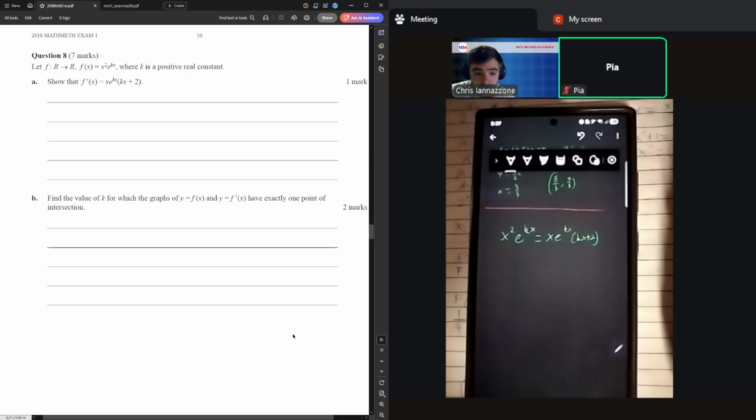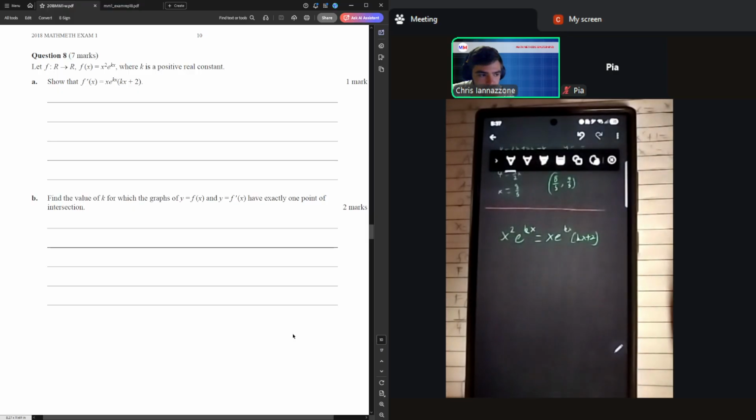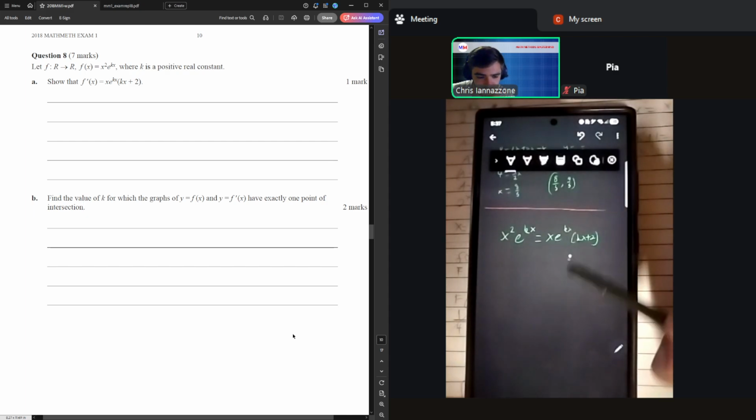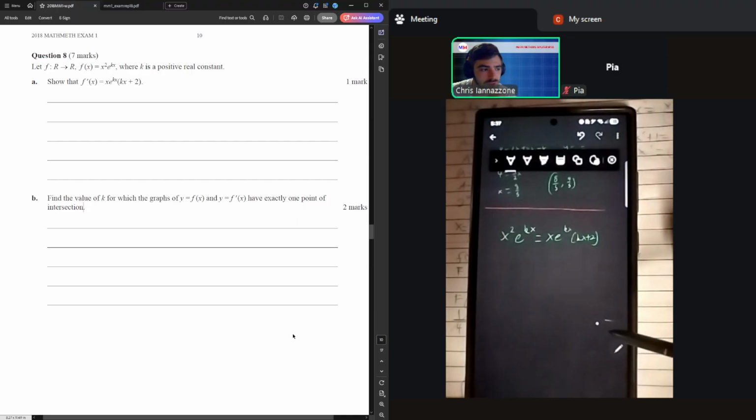Yeah, we're actually going to start by solving for x, because the whole reason we did this was to find the point of intersection. It's only once we have x on its own that I reckon we'll be able to figure out what k value will force them to have exactly one point of intersection. So I think we're going to get x equals something, both are going to have some k's in it, and we should be able to pick a value of k that will force them to be the same solution.